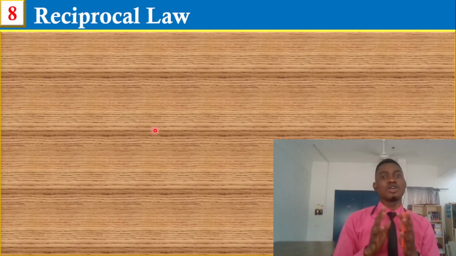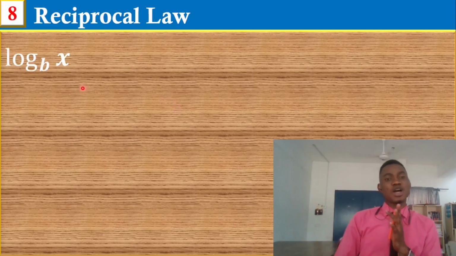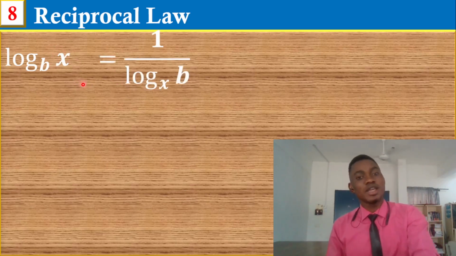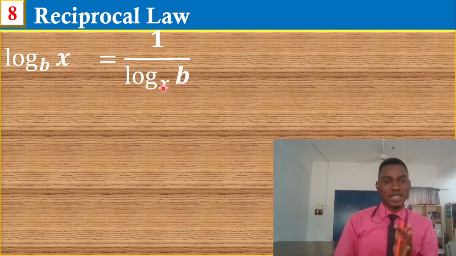Law 8, reciprocal law. This is an interesting law. Guys, if we have log x base b and we are asked to take the reciprocal of this logarithm, the reciprocal of log x base b is the same as 1 over log b base x.